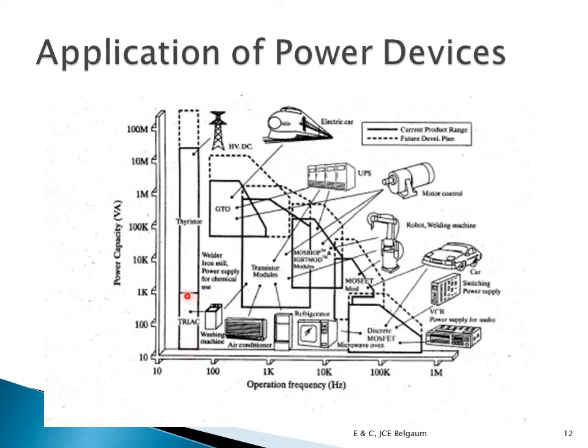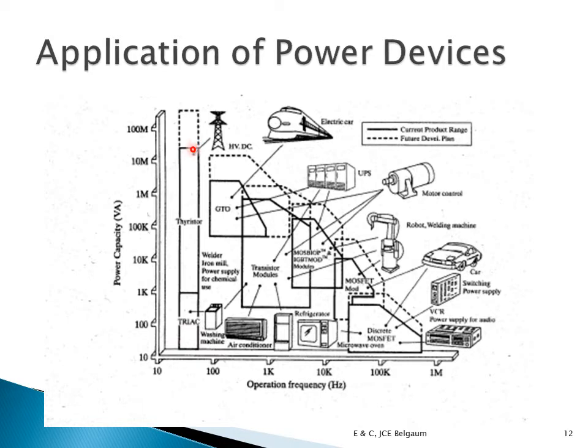You can see that this is a triac placed here, and it is at the lower end of the power line, and also at the lower end of the frequency side. Means triacs are basically used for low power and low frequency applications, and some of the applications could be like a washing machine. Next is the thyristor. On top of the triac is also a thyristor, but it is different in the sense that the triac is bidirectional.